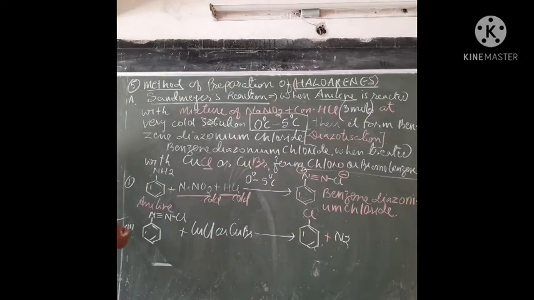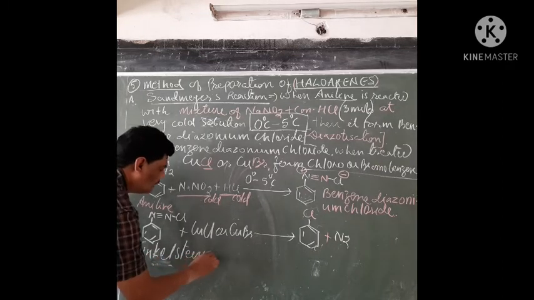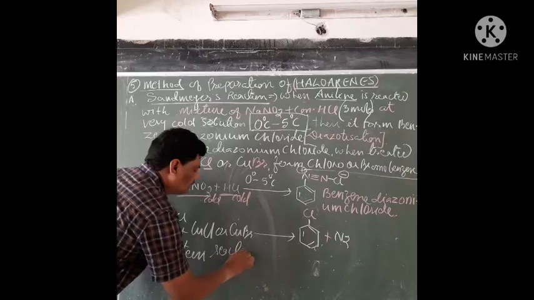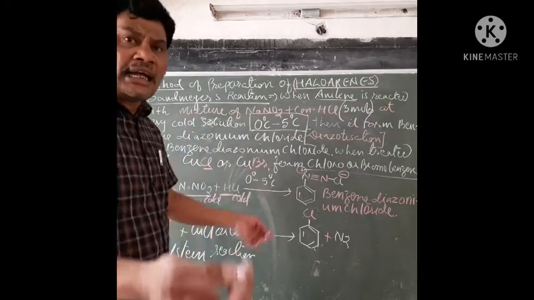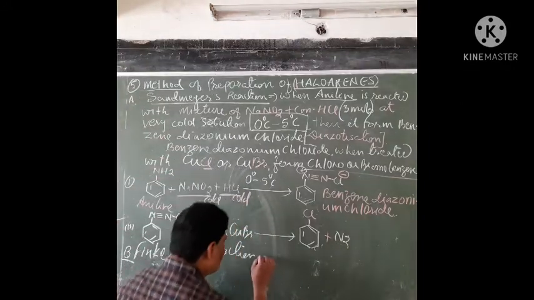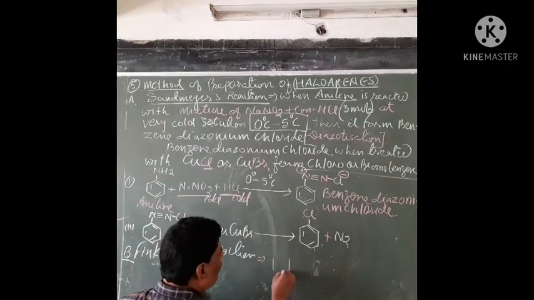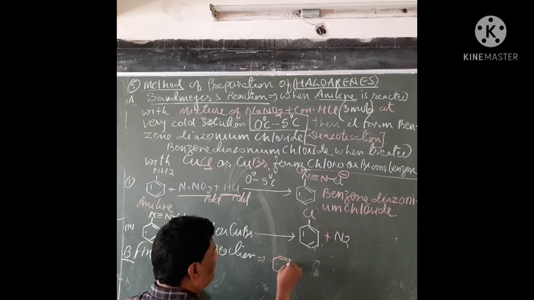One more reaction is there. This is called the Finkelstein reaction. Earlier we have seen this reaction belongs to halogen exchange. Means a halogen exchange reaction when chloro or bromobenzene.